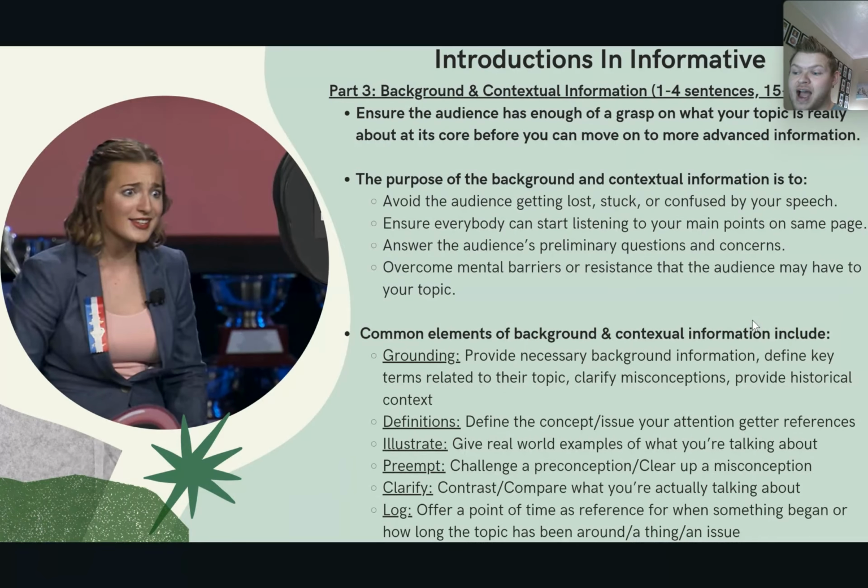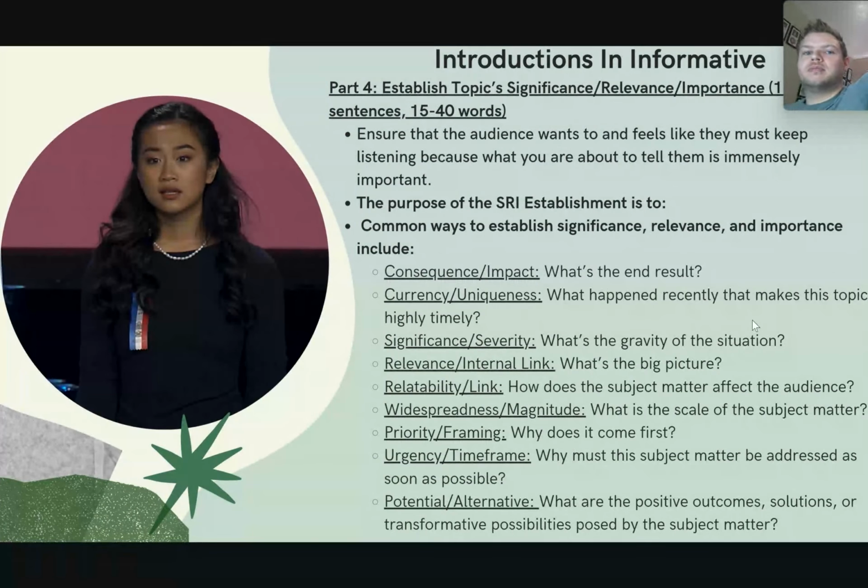You could clarify by contrasting and comparing what people might think your topic is to what it actually is. And you also might just provide kind of a log or a time point of reference for when something began or how long the topic has actually been a thing or been an issue.